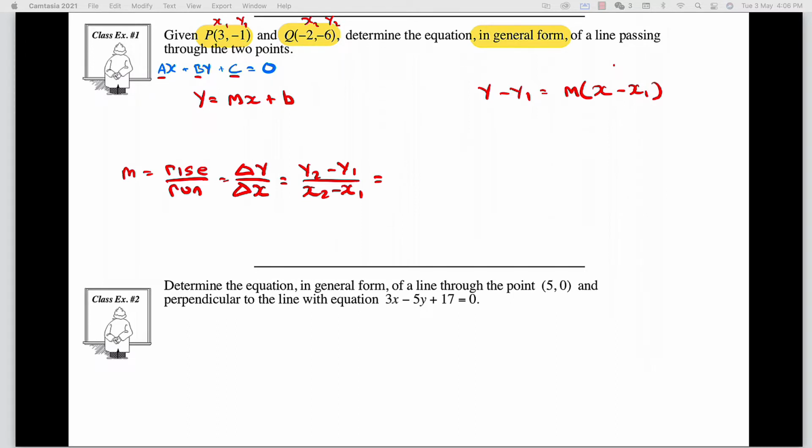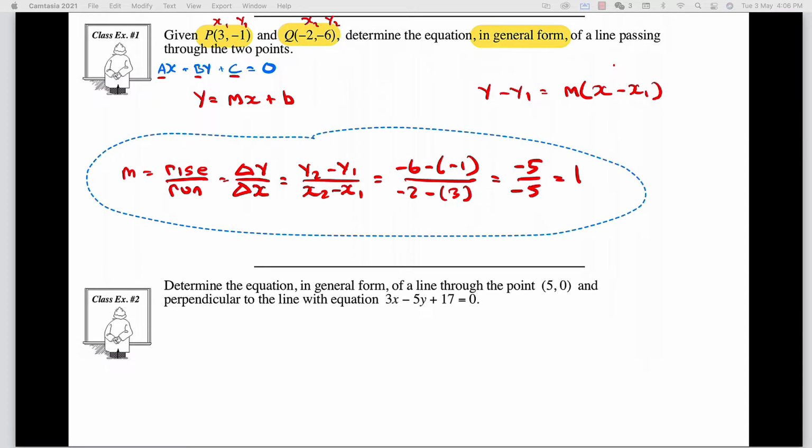So that's going to equal y2, which is negative 6, minus y1, which is negative 1, over x2, which is negative 2, minus x1, which is 3. And if we simplify this, the math is going to come out with negative 5 over negative 5, which equals a slope of positive 1.